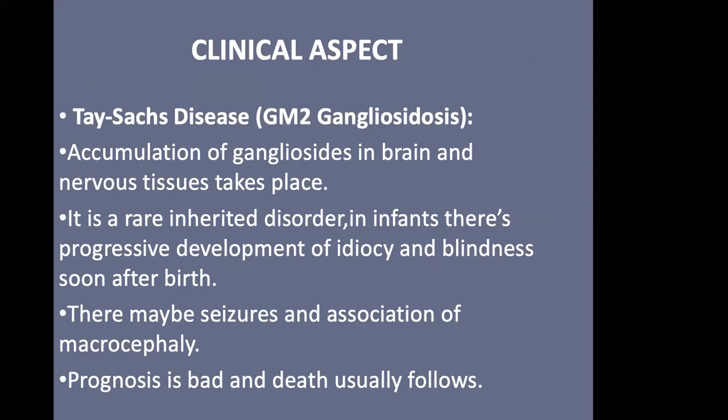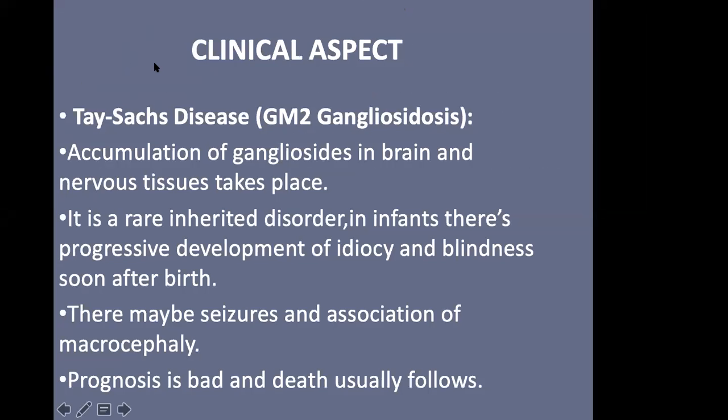Now, we already know about Tay-Sachs disease, that it is due to accumulation of GM2 gangliosides, and it is due to which enzyme deficiency? Hexosaminidase A.